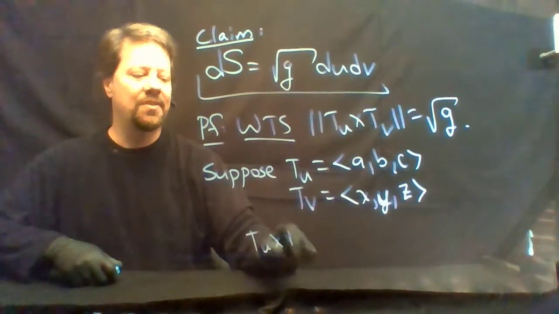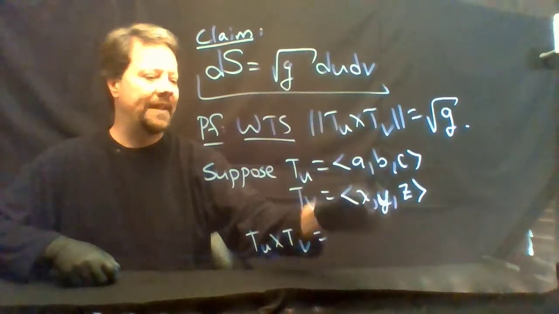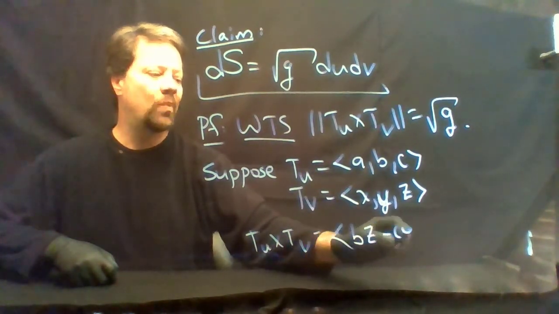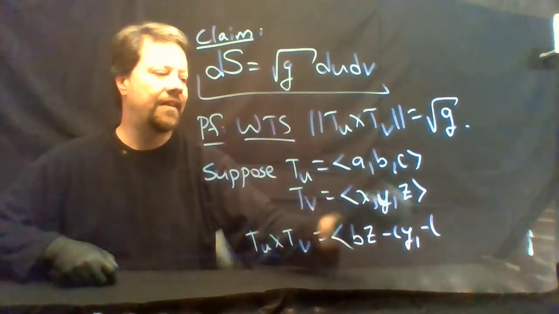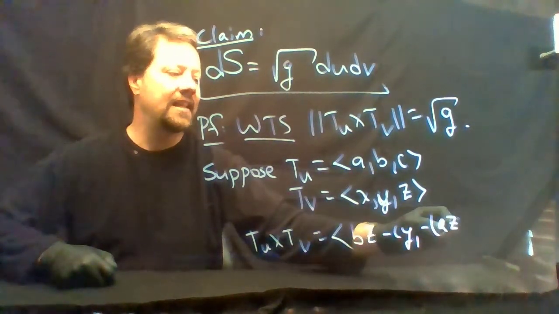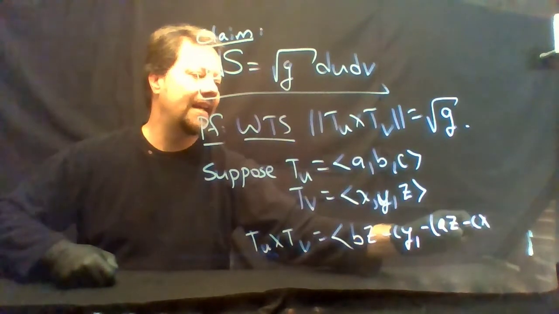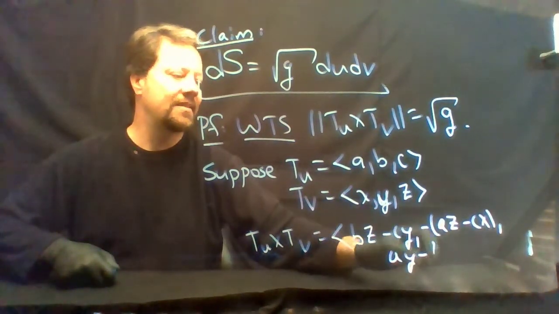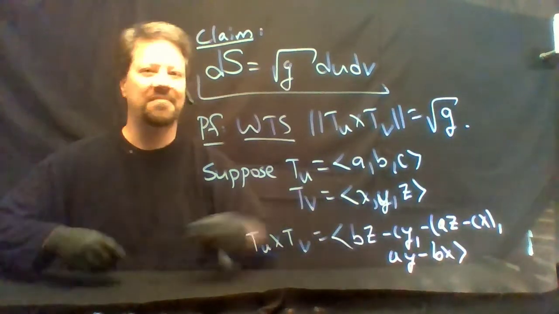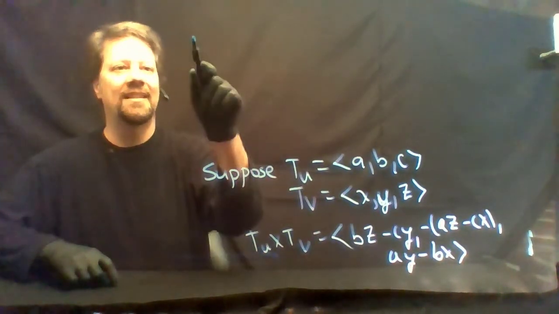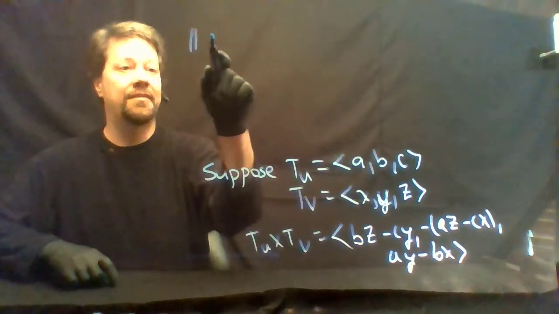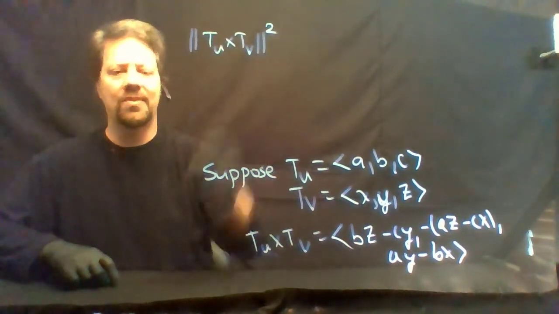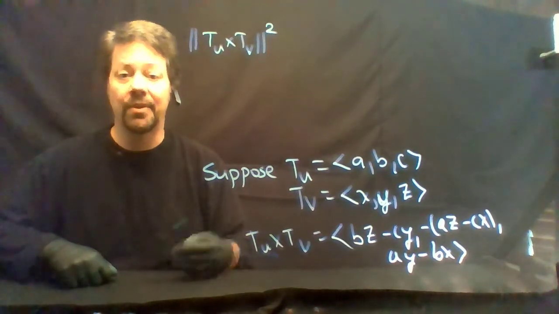Then Tu cross Tv will be the vector bz minus cy, the negative of az minus cx, and then ay minus bx. It follows then that the norm of Tu cross Tv, and let's square this so that we don't have to deal with the square root.